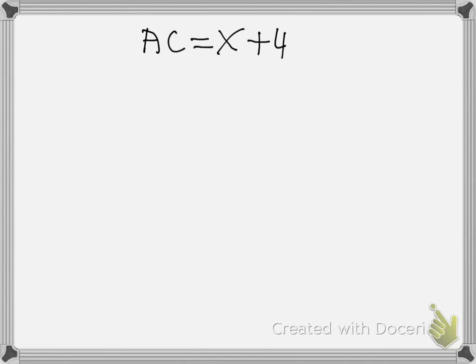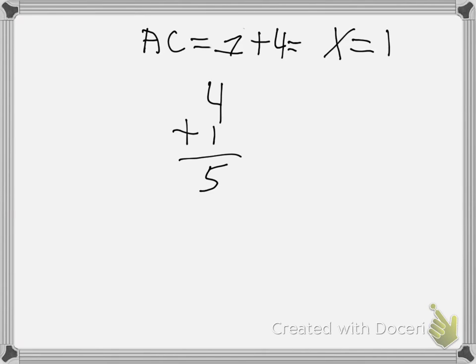Okay? And so do we know what x is? Yeah, we solved it already. X equals 1. Okay? So all you do is literally erase the x because we know what it is, and we put in a 1. And 1 plus 4. 1 plus 4 is 5, and that's the answer.